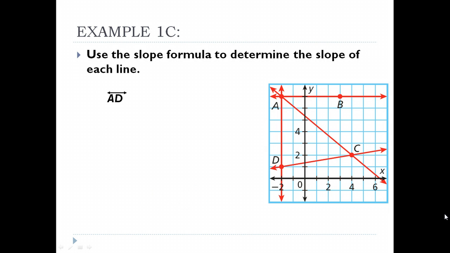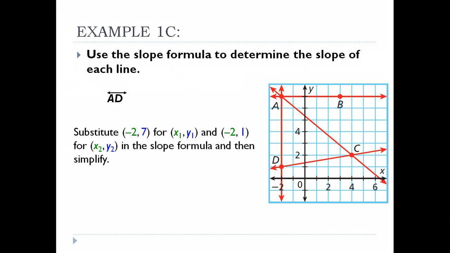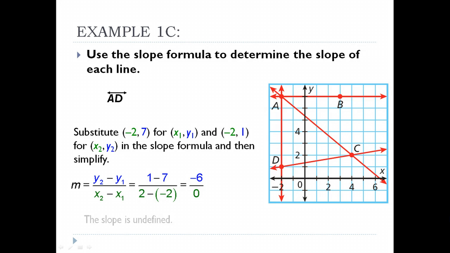Let's look at the slope of line AD. That's this one. We have the point -2, 7 and -2, 1. We substitute these points into the slope formula, and we're going to get -6 over 0. We are not allowed to divide by 0, so this slope is undefined.